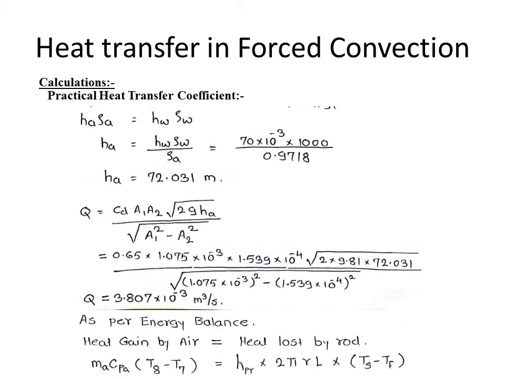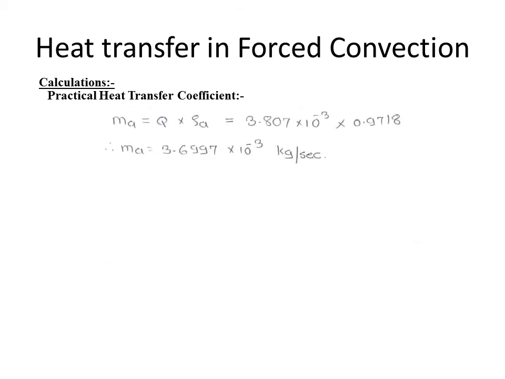As per the energy balance, heat gained by air is equal to heat lost by the rod. Hence, we can calculate the heat transfer coefficient with the help of the energy balance formula. But for that, we require the mass of air.